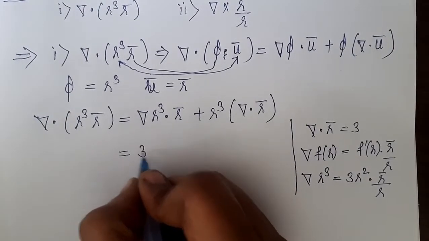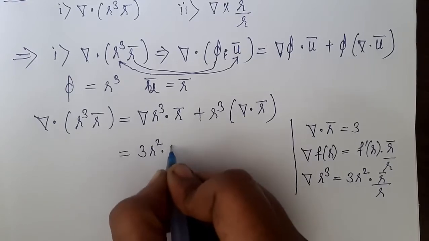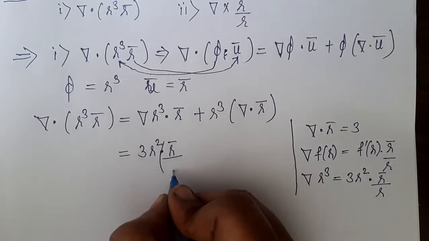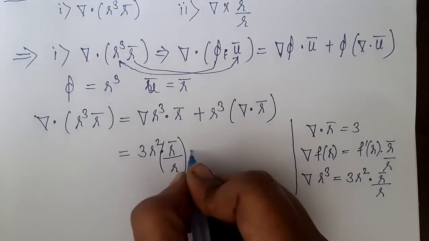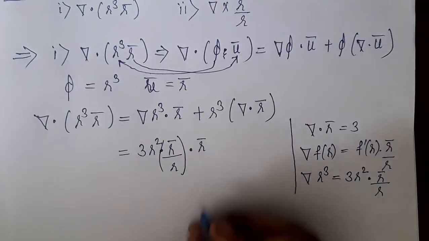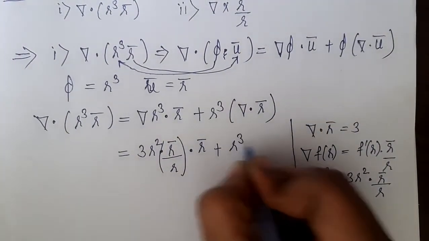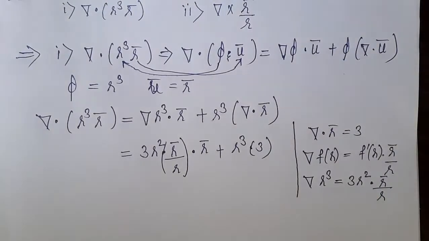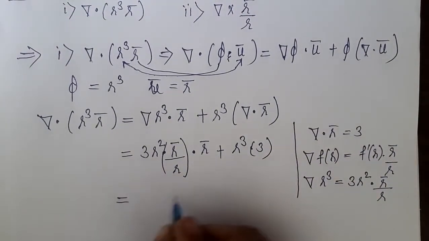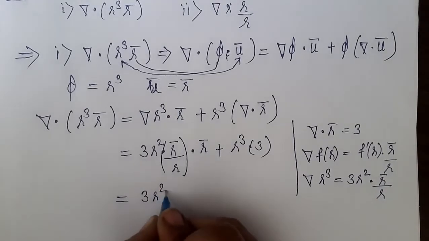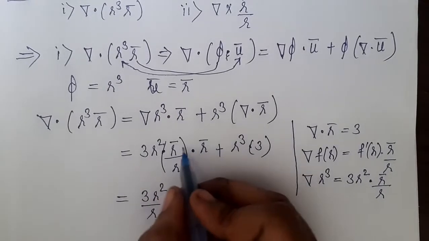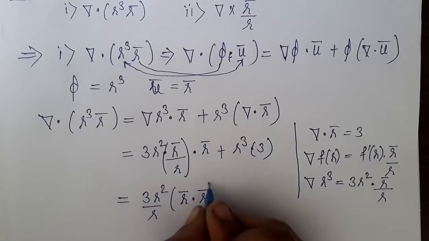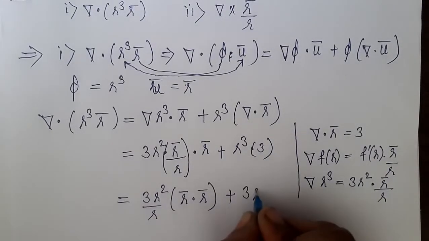So substitute here: del of r cube is 3r square multiplied by vector r divided by r, and we write the r dot as it is, plus r cube multiplied by del dot r. Del dot r is 3, so we substitute 3 here. This is equal to 3r square divided by r, combining the two vectors, r dot r, plus 3r cube.